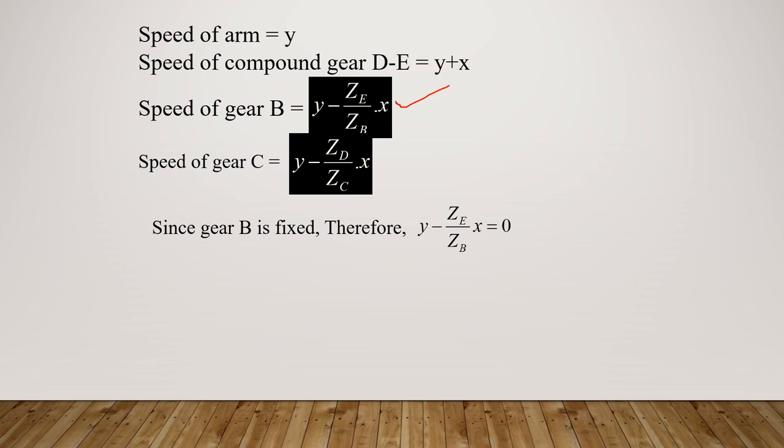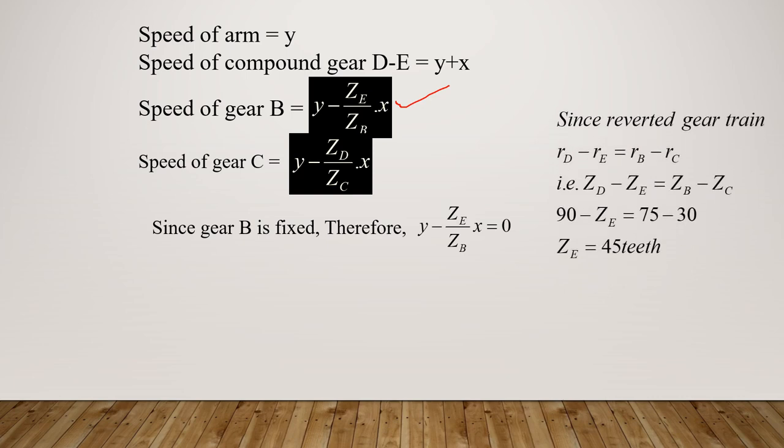Now to solve this, the y value is given in the question, and ZB is given, but ZE is unknown. We have a reverted gear train relation we have seen when studying the classification. If you see the arrangement, I can write RD minus RE equal to RB minus RC.